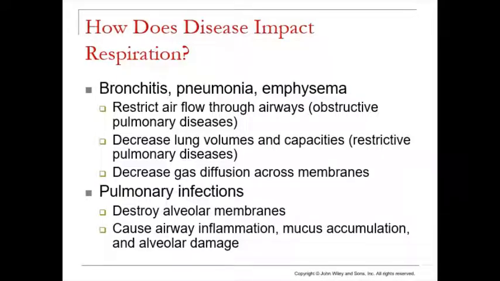And not only are you decreasing airflow, turns out you're decreasing lung volumes. Not only is it obstructing pathways, when that pneumonia and mucus builds up, it almost provides a restriction to the lungs also. So you might even see a combination of these 2 things, depending on the type of infection. And that infection literally builds a wall.